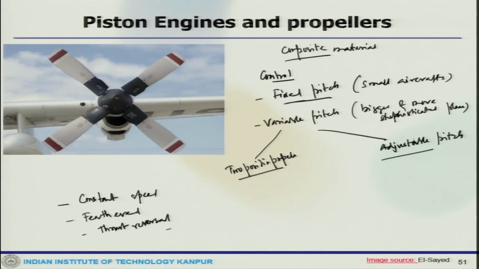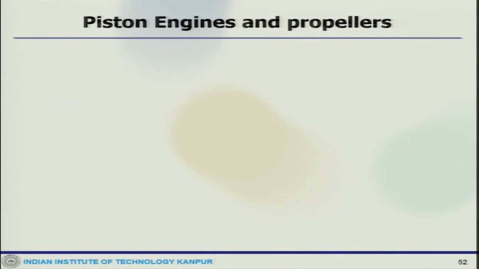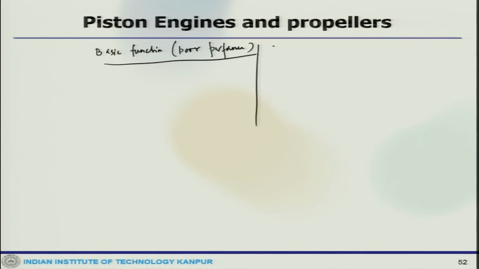So, what we can look at is a fixed pitch versus variable pitch propeller comparison. We can have basic function, like poor performance, that could be one. Then we could have fixed pitch propeller, lowest cost.